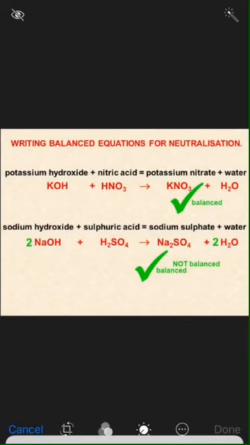Again, let's do it for sulfuric acid. As we know, sulfuric acid, we split it into hydrogen ions and sulfate ions. So if you want to work it out, it would be like the following. OH from hydroxide, H from sulfuric here.